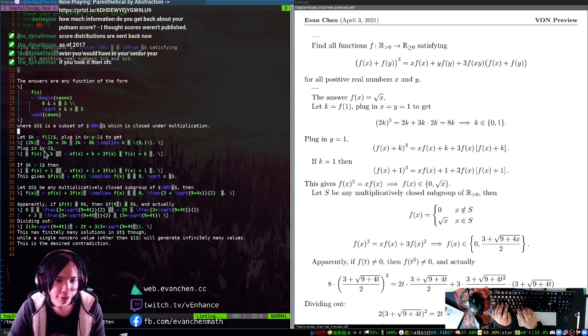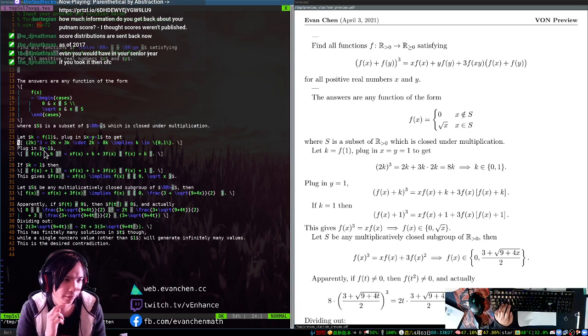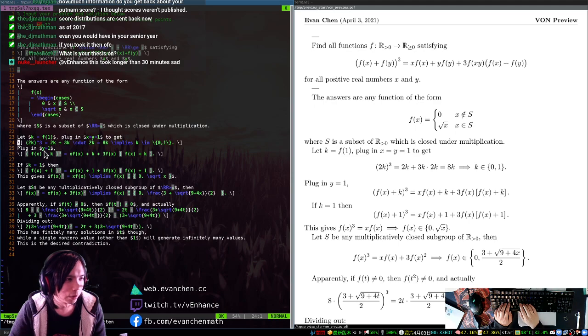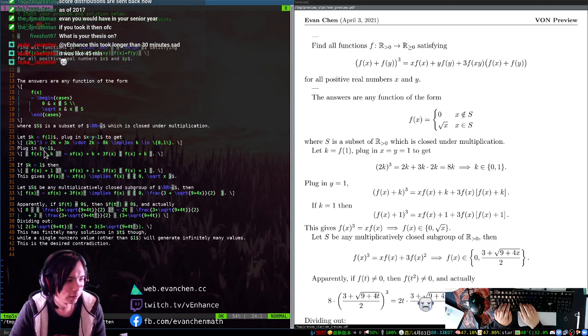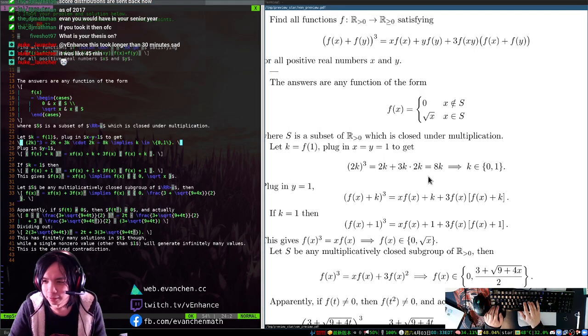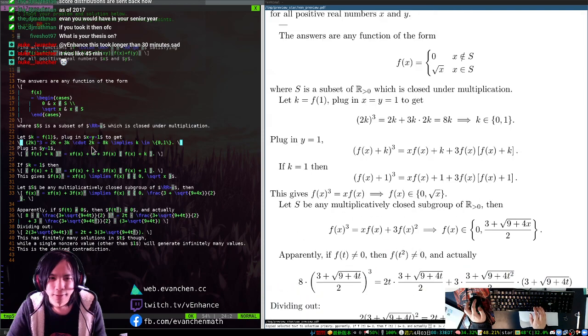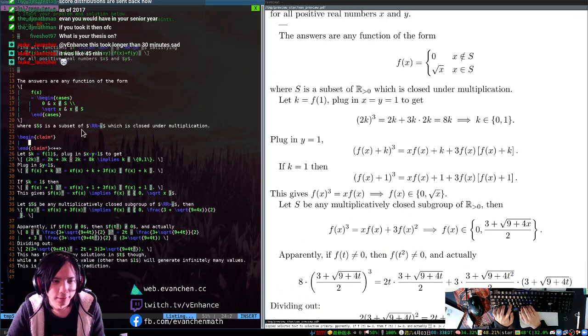My memory of the Putnam is not very perfect because I kind of did it for fun and didn't specifically train for it the same way I trained like crazy for the IMO. But yeah, this took longer than 30 minutes. Oops. Well, to be fair, a lot of it was me fluffing around. I probably could have solved it faster if I was willing to expand. But okay, let's say.